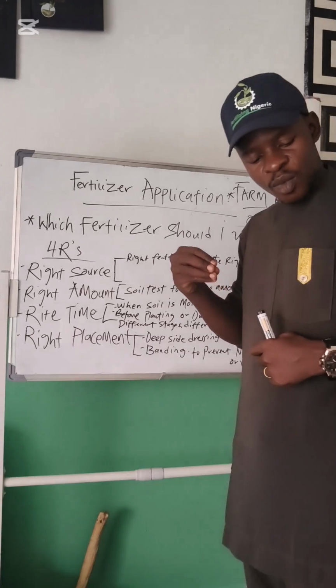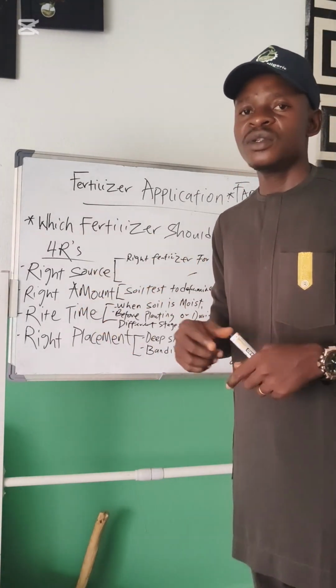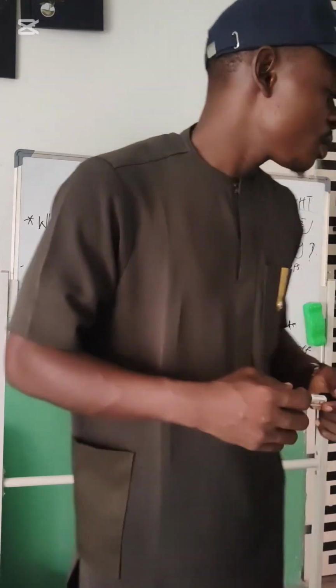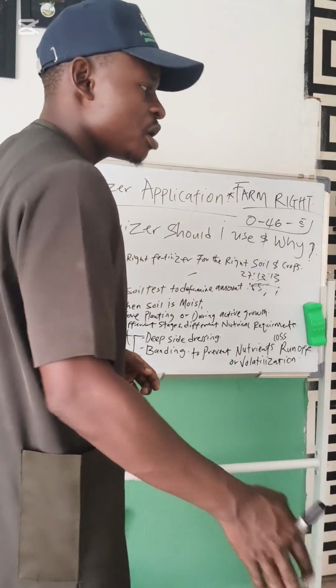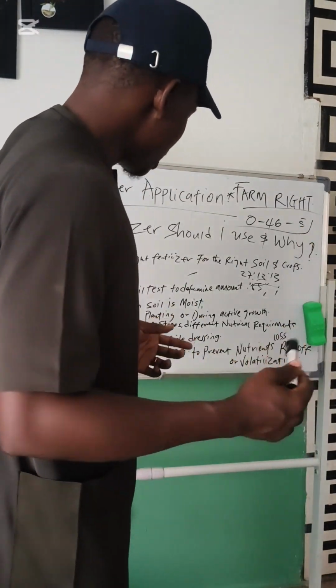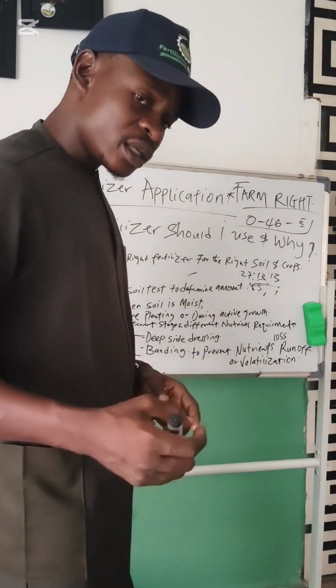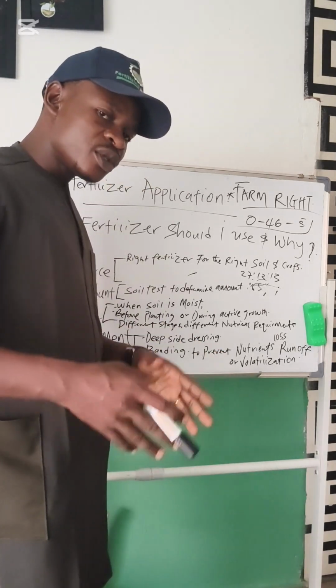So in farmlands like rice, you use broadcasting methods. While in crops like maize, tomatoes, pepper, yam, you deep side dress them, and then like banding on heaps.